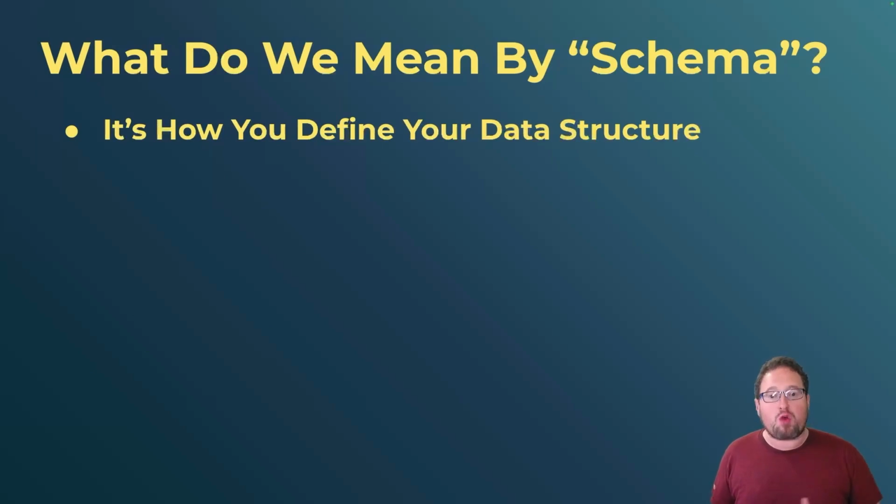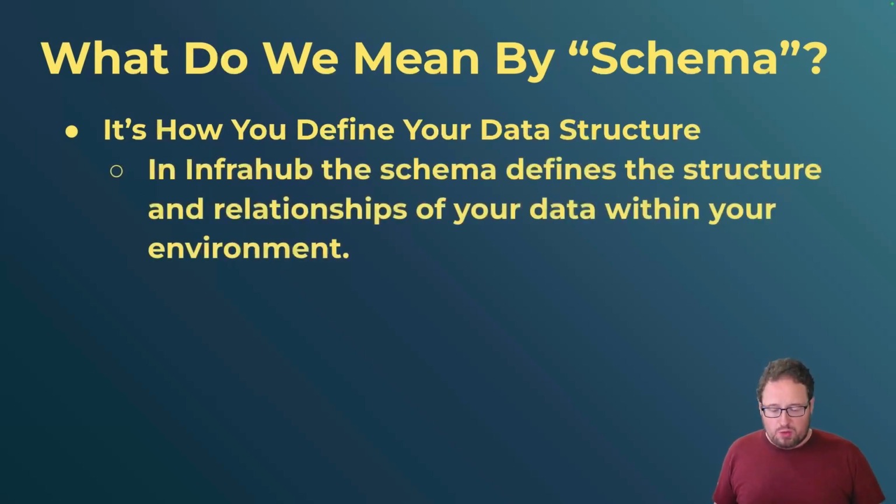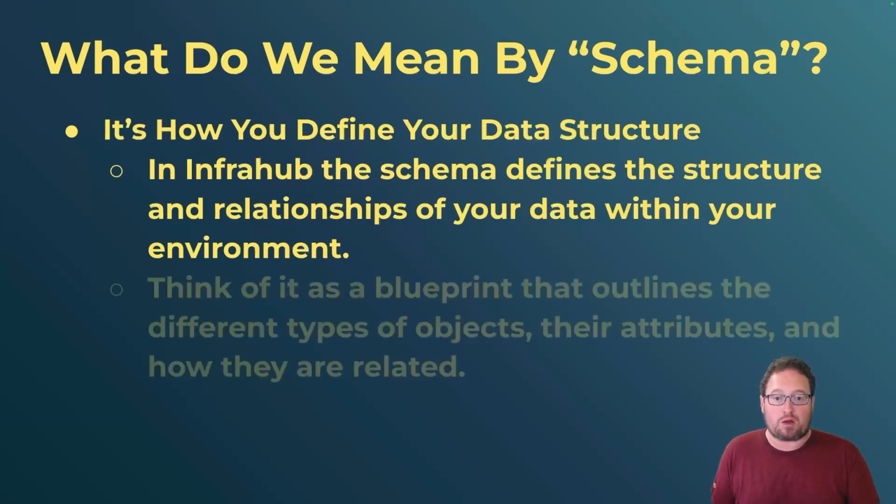Very broadly, it's how you define your data structure. Inside of Infrahub, your schema is the structure and the relationships of your data within your environment. Now, that doesn't mean individual devices like the router at your warehouse named warehouse primary router, or a firewall at your headquarters named HQ firewall.